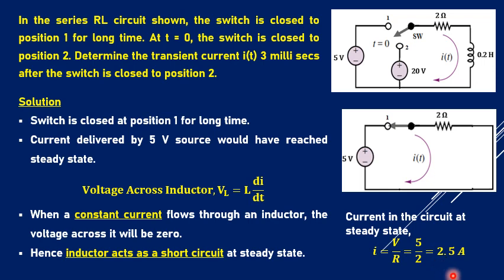In the previous problems we had only one source and the initial condition I of 0 was equal to 0. Now, because of the presence of an additional voltage source, an initial condition exists. So this I equal to 2.5 amps will be the initial condition when the switch is closed to position 2.